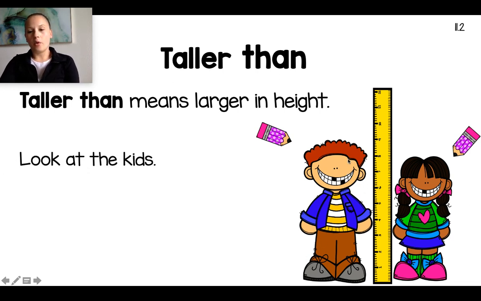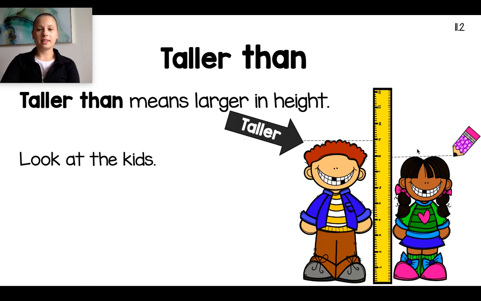I see a boy and I see a girl, and our measuring tool is a ruler, right? Kind of like what Miss Paulino did that one day. Let's see how tall they are. The boy measures to about here, and the girl measures to about here. Which child is taller? Who's taller or larger in height? The boy, right? The boy is taller than the girl.